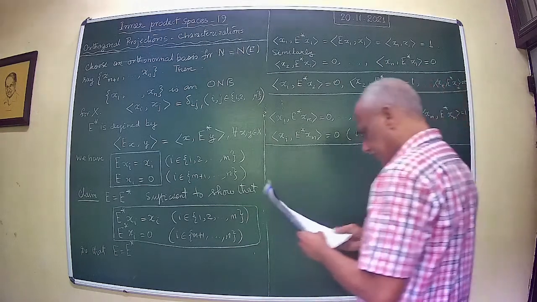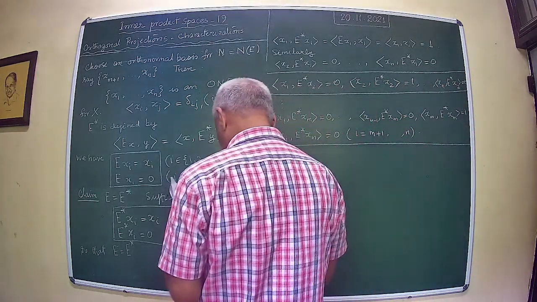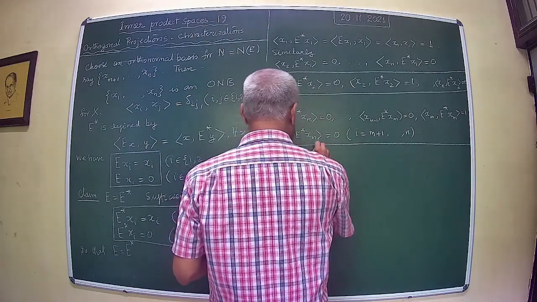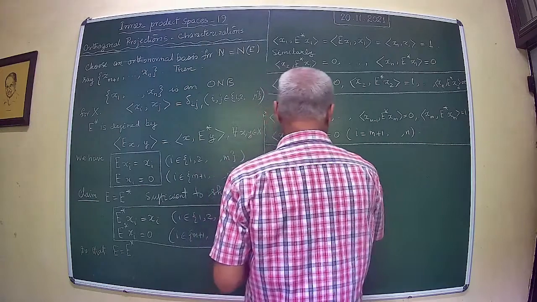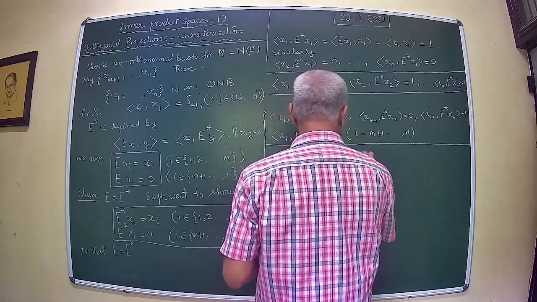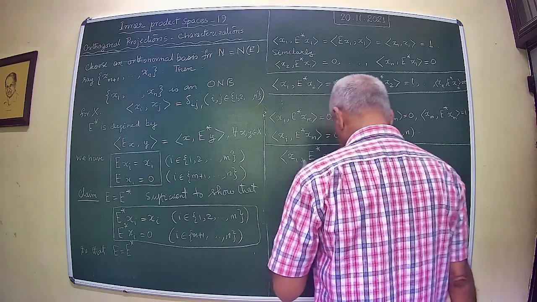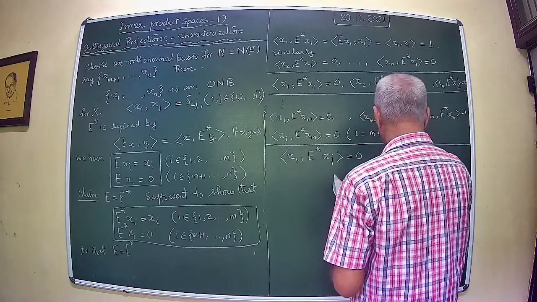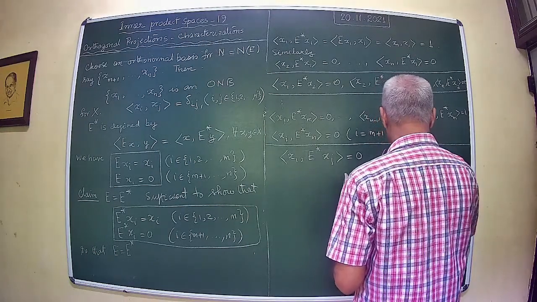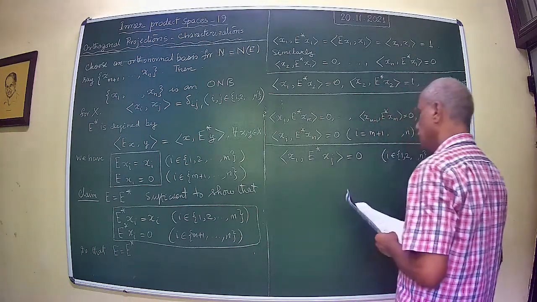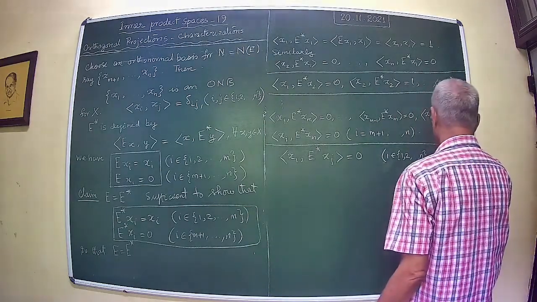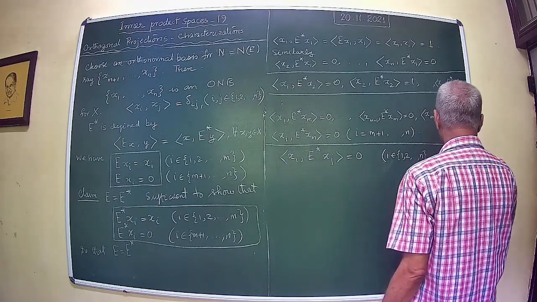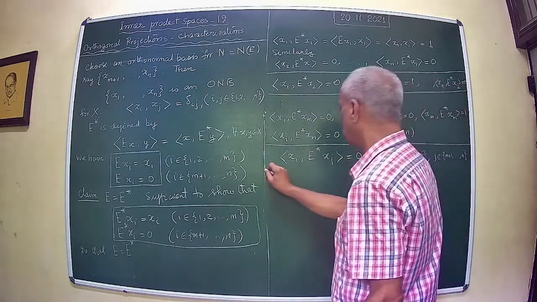And the next thing that you can easily prove is this: the inner product of xi with E star of xj equals 0 for i, j belonging to m plus 1 to n. This is also very easy to verify.